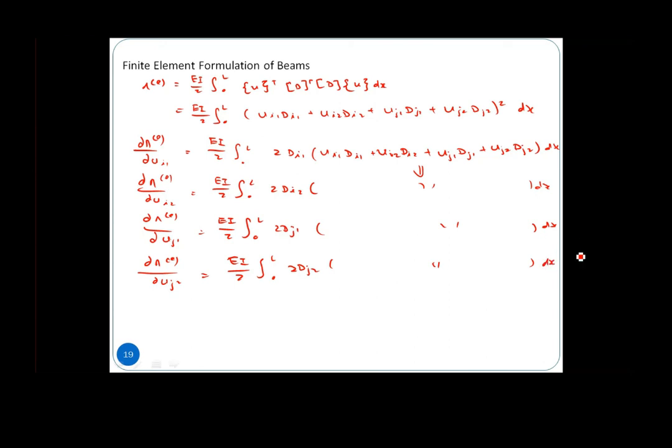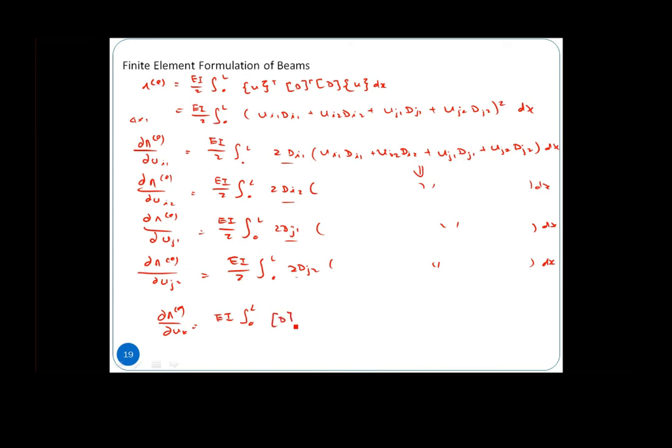All right, so we can actually write this as a 4 times 1 matrix. So we have the derivative of E with respect to U_K, which is actually EI, integral 0 to L. This is 1, 2, 3, 4, it's also 4 times 1.